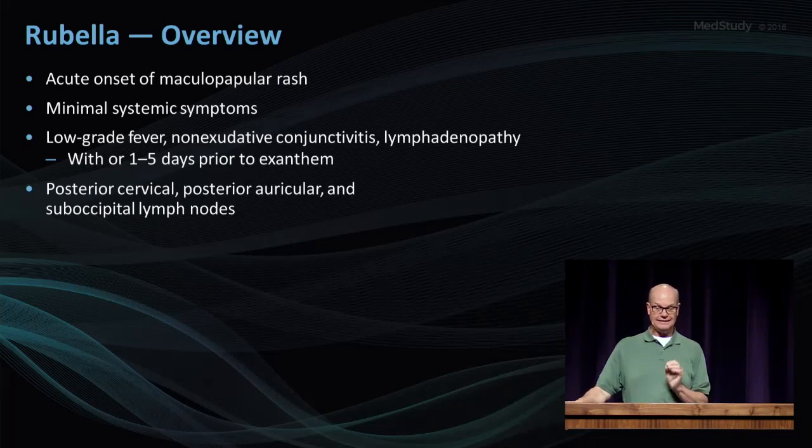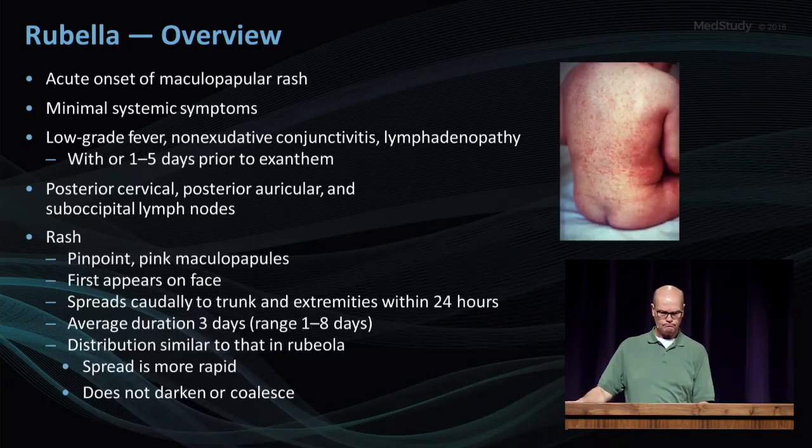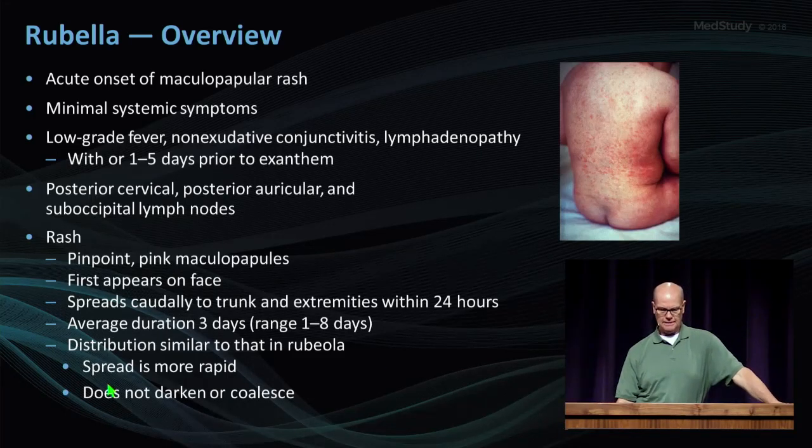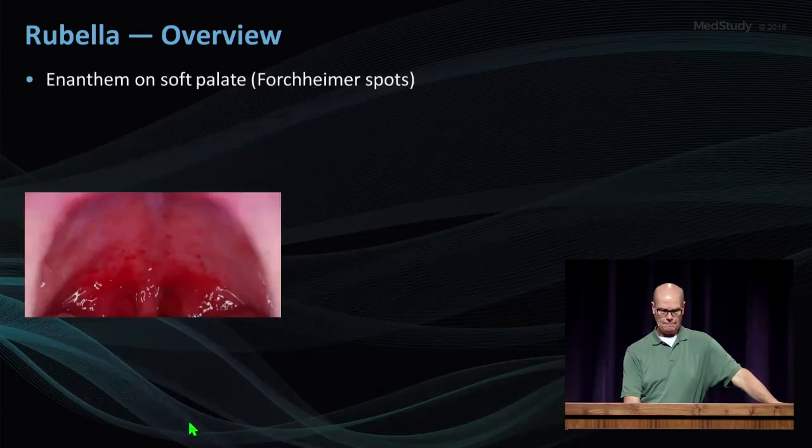That lymphadenopathy is consistent with rubella, and it's also consistent with roseola, those two disorders. The rash, again, spreads caudally, but it is similar in distribution, but it does spread more rapidly and tend to be less confluent and less dark as compared to rubeola.